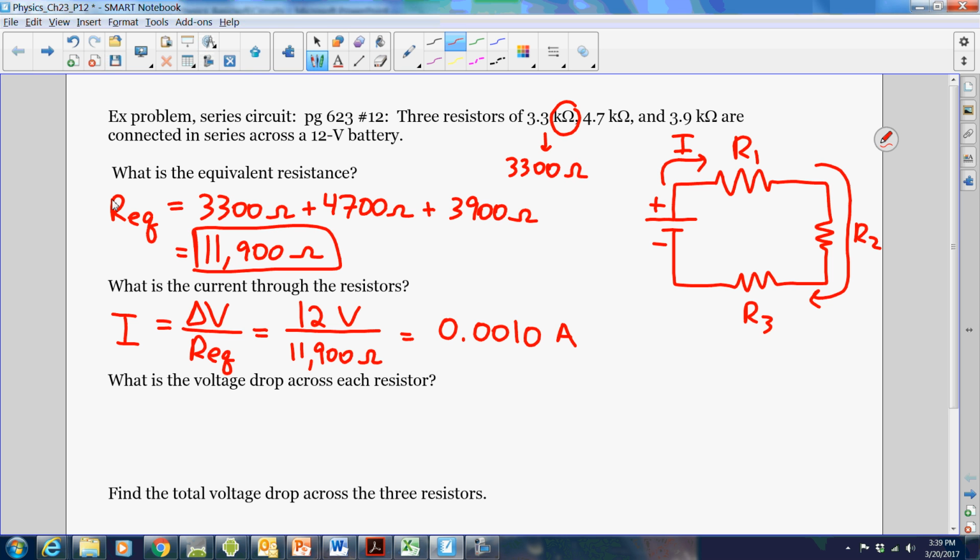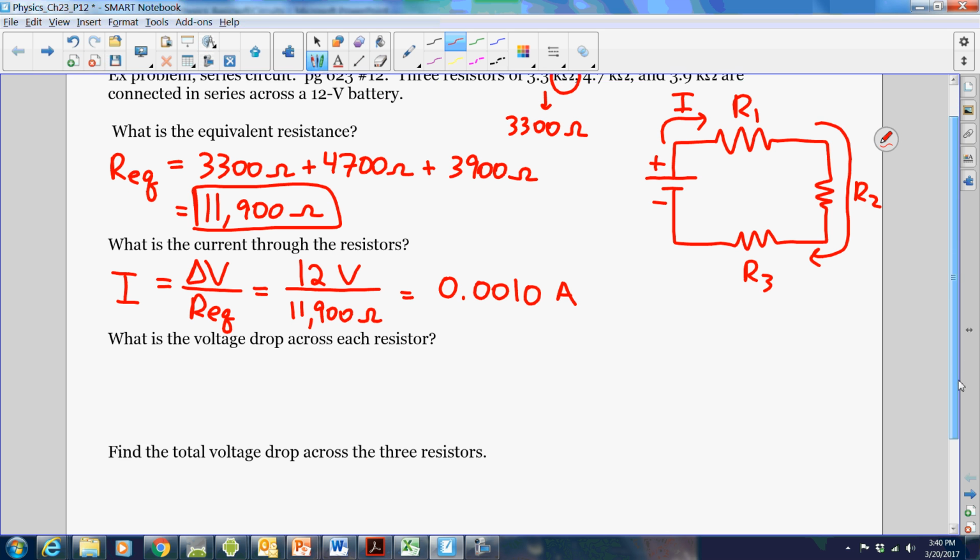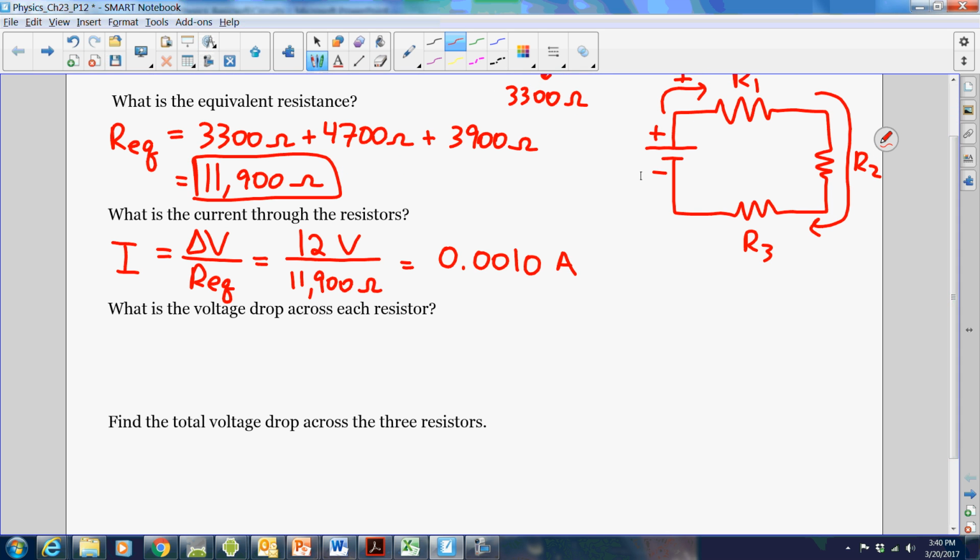Then it wants to know the voltage drop across each resistor. What we mean here is that we know the voltage is going to go up 12, like you get a boost of energy from the battery. But then it's going to drop as it goes. So we know the potential energy of a positive test charge is going to drop as it gets closer and closer to the negative.